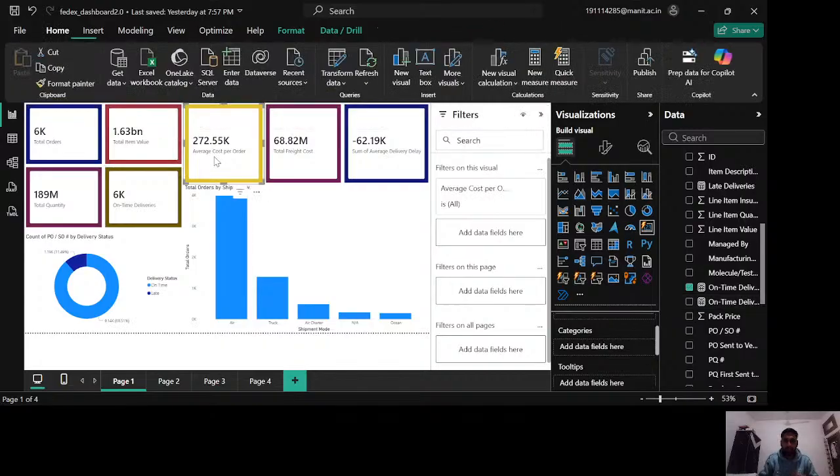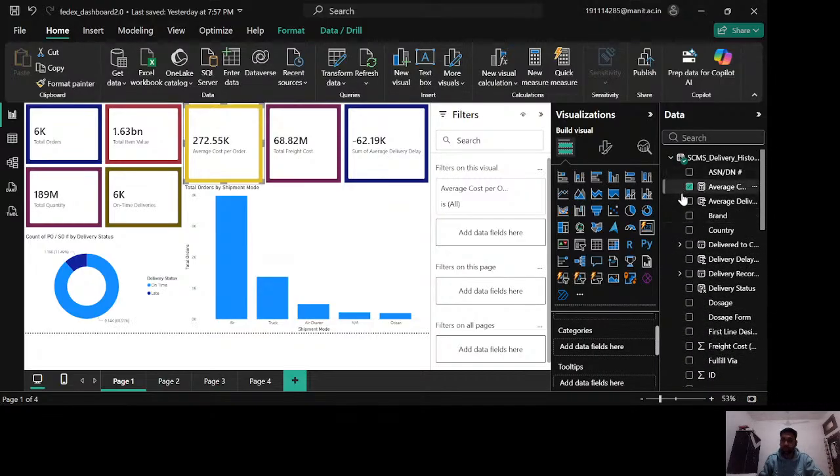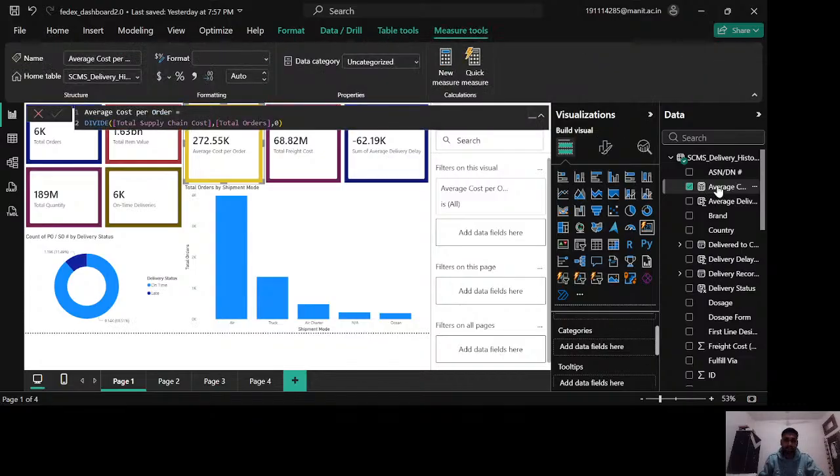Now our next KPI is average cost per order, which is basically the average of the cost per order, and we have created a measure for it. In this average cost per order, we have divided the total supply chain cost by total orders.